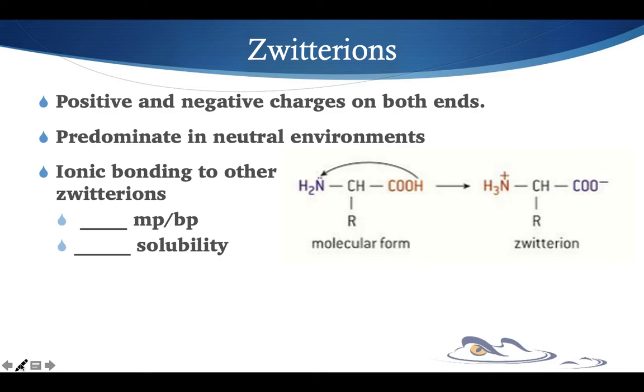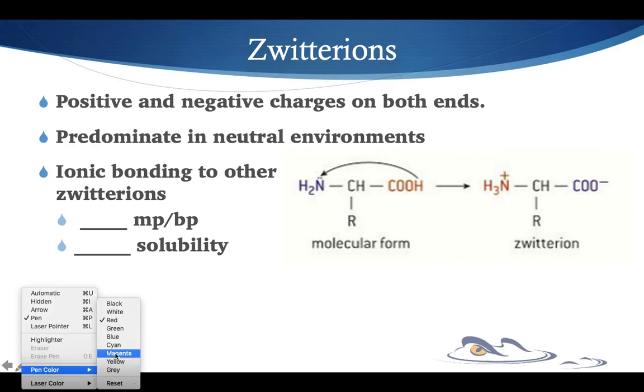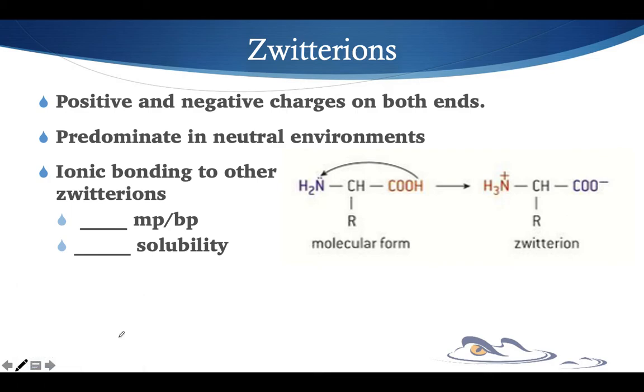Now, these are ionic. And because they're ionic, that's going to change their properties a little bit. One property that it's going to change is its melting point. Because now it is ionic rather than in its molecular form, you know that ionic substances tend to have higher melting points, right?